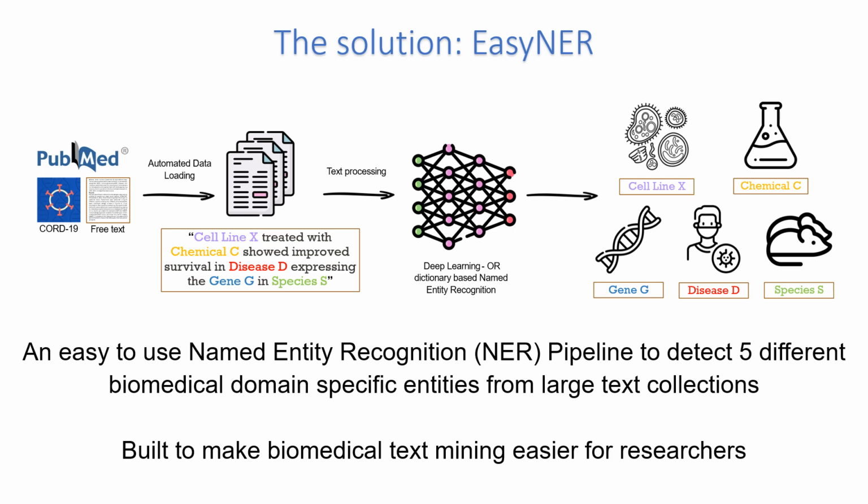So for example, if you have a text saying cell line X treated with chemical C showed improved survival in disease D expressing the gene G in species S. And using the EasyNER pipeline, you can get output as shown in the picture: cell line X, chemical C, gene G, disease D, and species S. So the idea behind developing this pipeline was to make biomedical text mining easier for researchers.